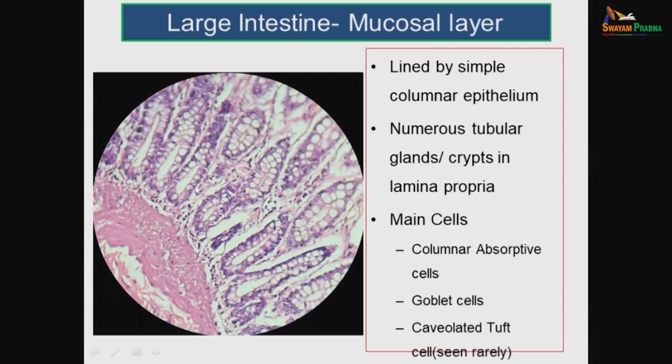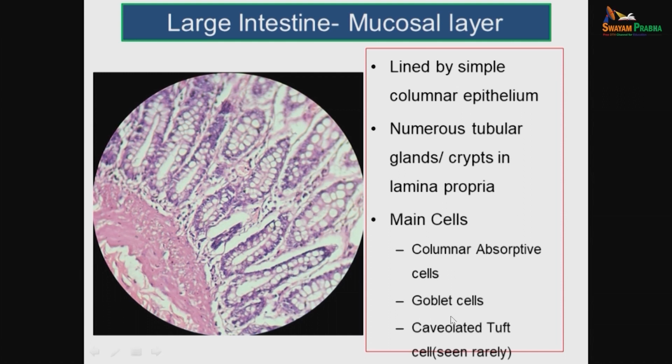If the ratio of columnar absorptive cells to goblet cells is 1:1 in the ascending colon, for every columnar cell there will be only one goblet cell, whereas as it moves, it becomes more and more, and the ratio becomes 1:4.